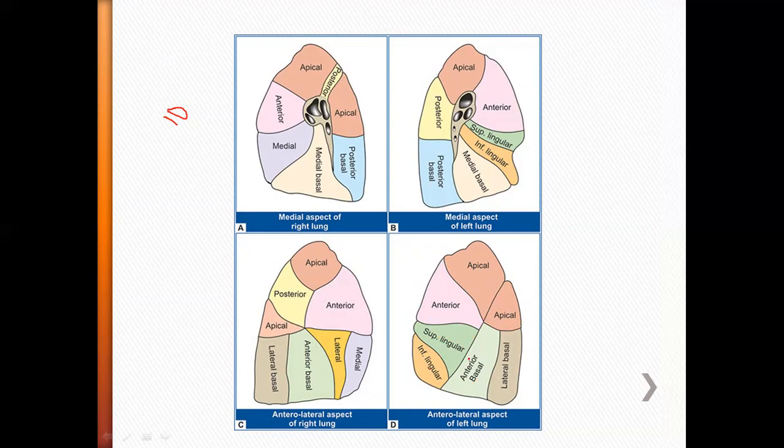This is the anterolateral aspect of the left lung. Medial aspect of the left lung, what is happening? Above the hilum, this is apical. Just anterior, this is anterior, this side will be posterior. Down to the anterior is superior lingular, then inferior lingular, then medial basal and posterior basal.